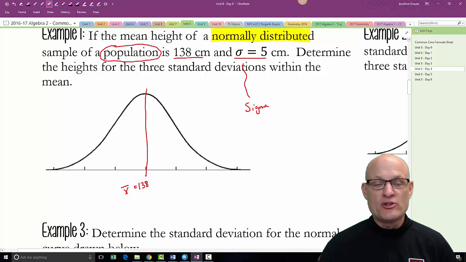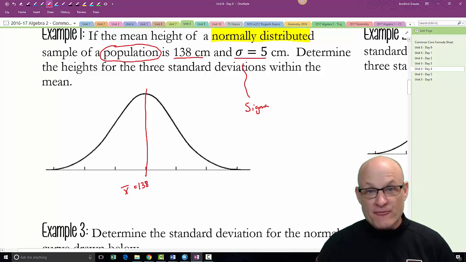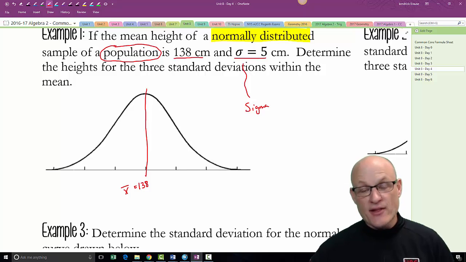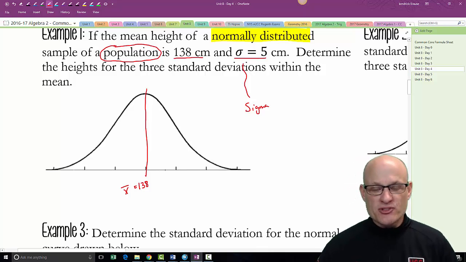So it could be just the population of the kids in my 5th period class, and then I check their average heights. So I'm just going to go up by 1 standard deviation. If I go up by 1 standard deviation, I go to 143. If I go down 1 standard deviation, I'm down at 133.